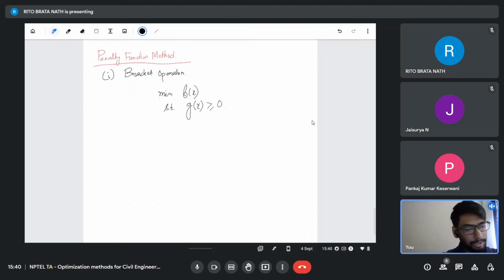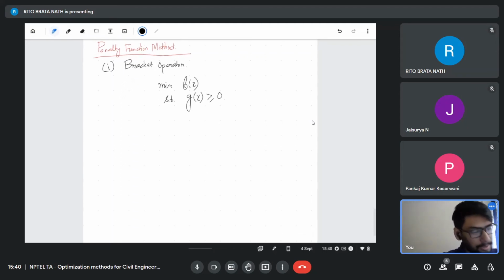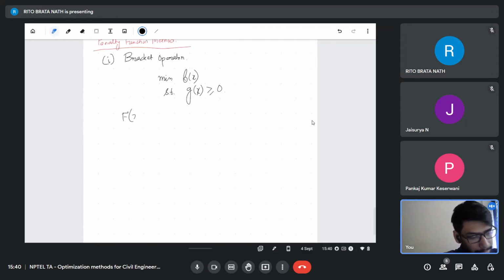So now in case of the penalty function method, and to be precise, probably with the exterior penalty method, you might start with a solution which is not feasible. So what you can do is write another function, capital Fx, which is this first function, small fx, plus one penalty term that you add.